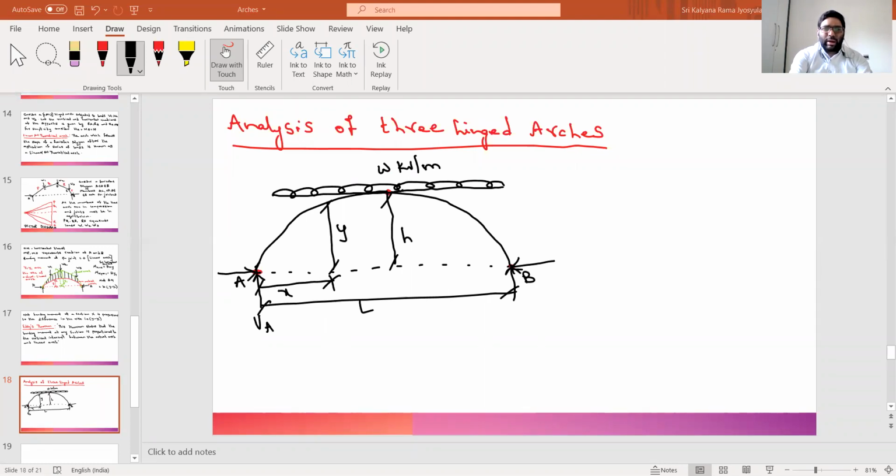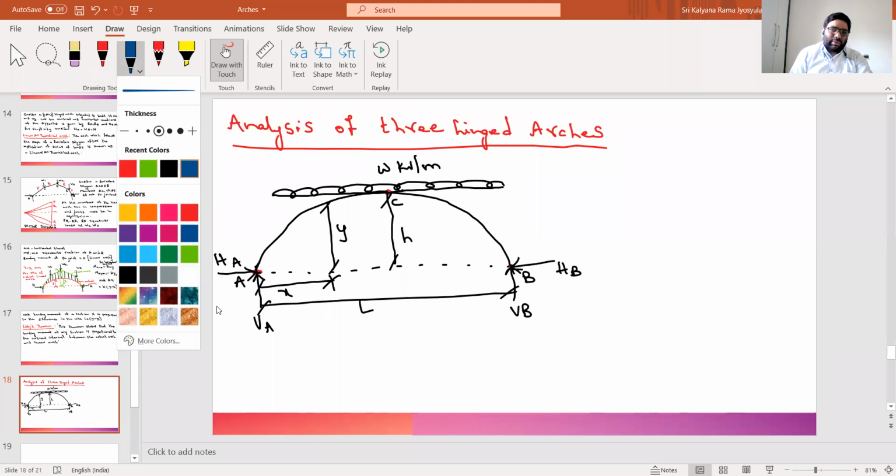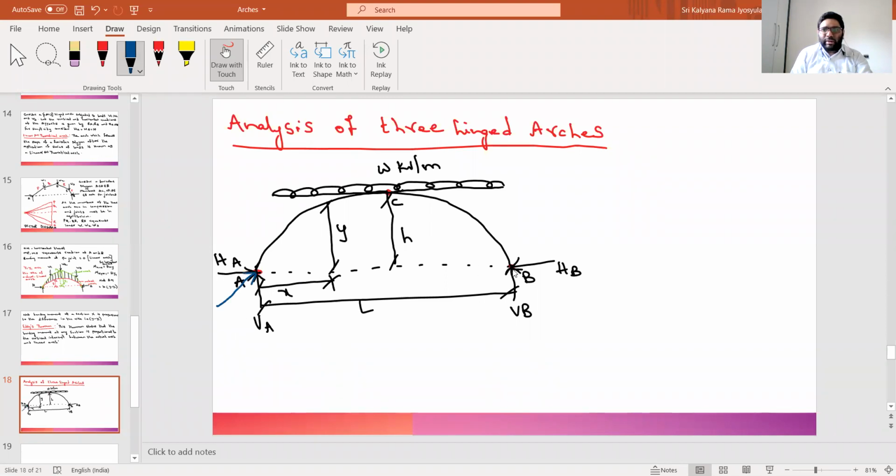Now, what do we need to do? We need to analyze. Here also VB, and we have HB, and this is HA. If you see here, it has both vertical reaction as well as horizontal reaction. So this point is C. The resultant of this will be here for both sides.